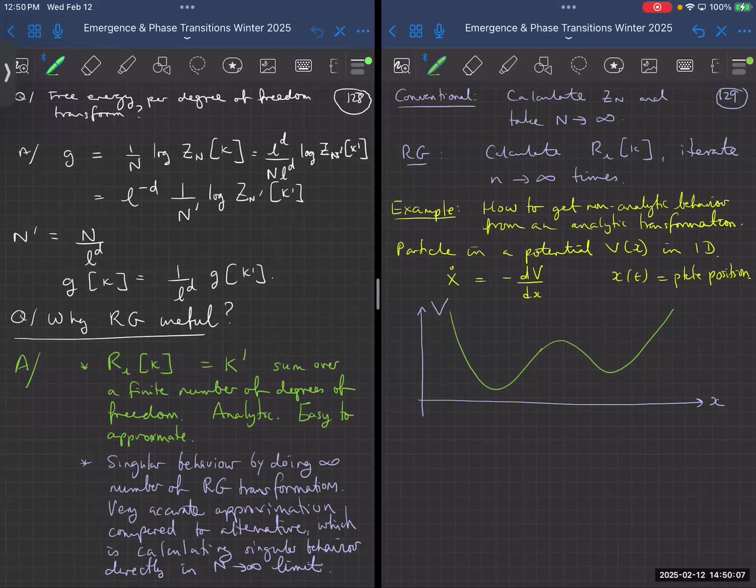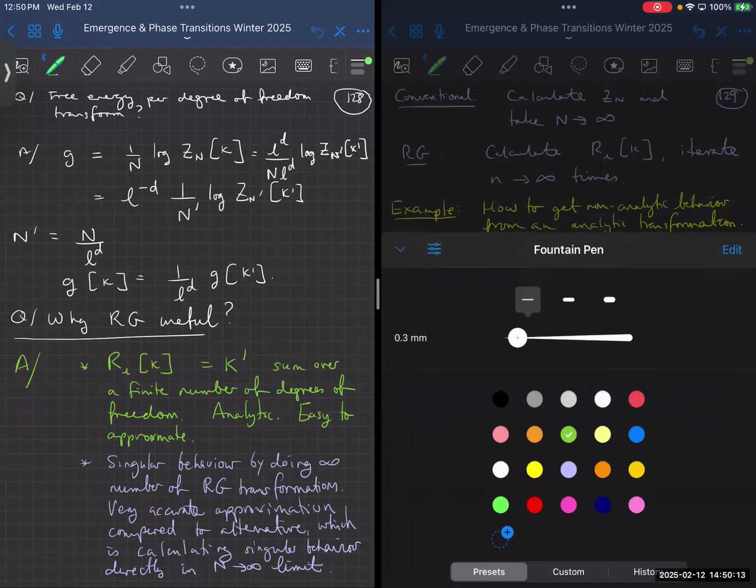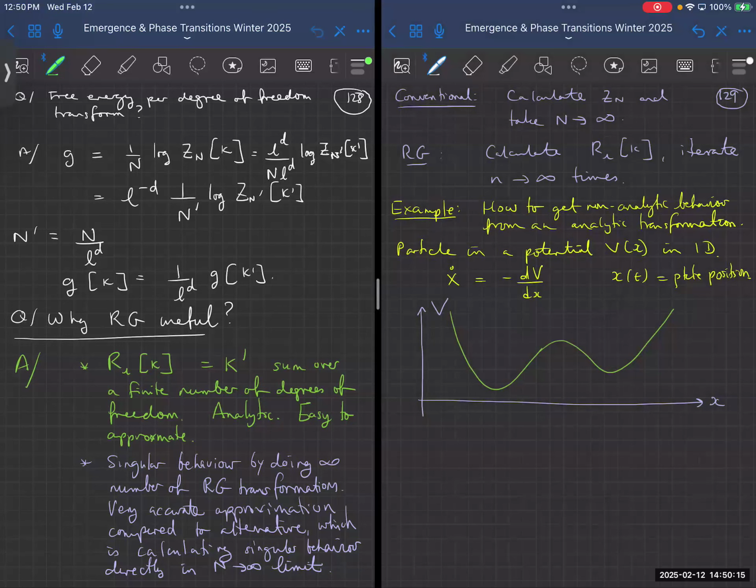And so let's ask ourselves what is going to happen to the particle if we start at different places. Let's suppose, for example, that I have my particle and it starts off here. So you can see that it's doing damped motion. So it's not obeying Newton's equation of motion, m x double dot is minus dV by dx. It's got some damping. So we're going to think of this damping as being large. Let's think of this as being overdamped.